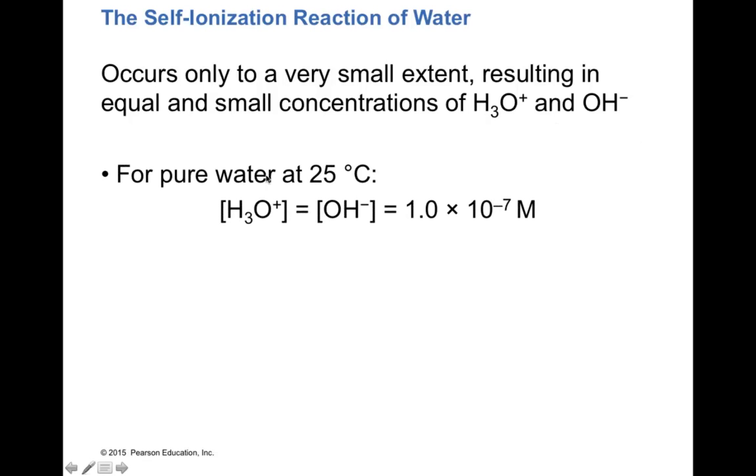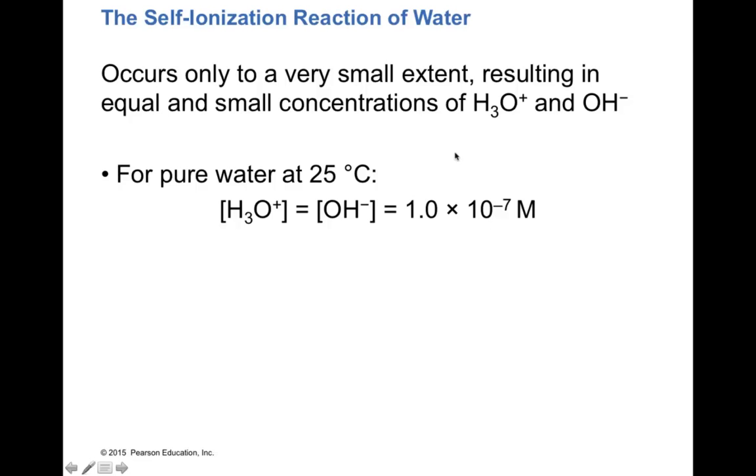So for pure water, the concentration of hydronium and the concentration of OH are going to be the same. It has been determined that the concentration for pure water is equal to 1.0 times 10 to the power of minus 7 molar.